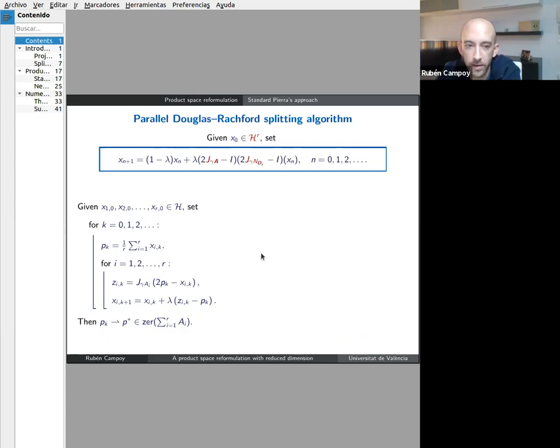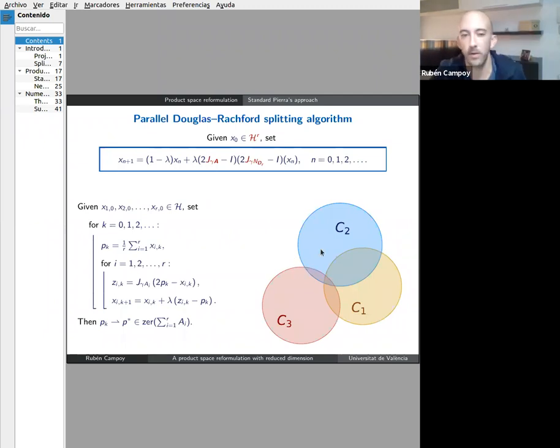So how does it look for a feasibility problem? Consider 3 sets now. We need to consider first 3 initial points. And for the iteration, the first step is projection onto the diagonal, so this is the average of the 3 points. And now for each point, this is this loop, we need to compute first the reflection with respect to p0, the reflection with respect to the set, and the middle point.